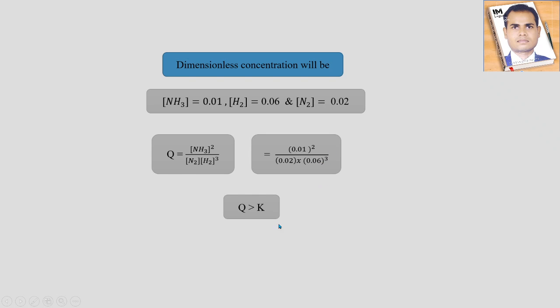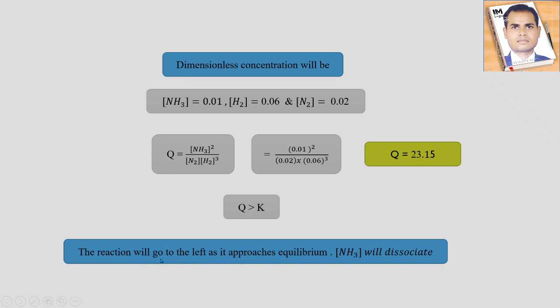After calculation you will get Q equal to 23.15, and that is Q greater than K. So the reaction will go to the left as it approaches equilibrium, and ammonia will dissociate at this stage.